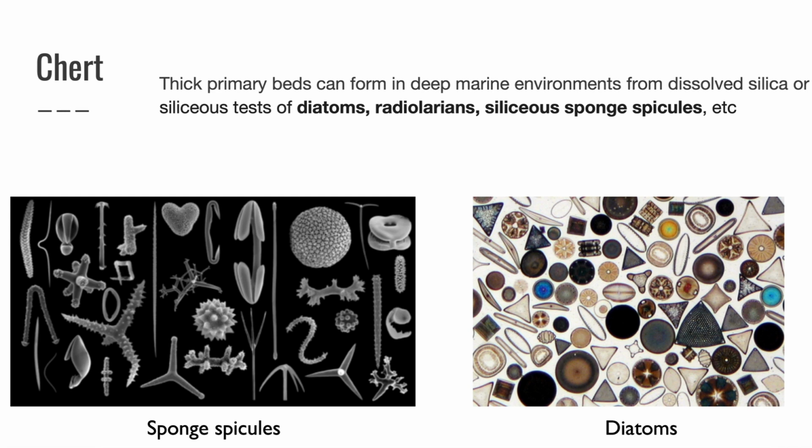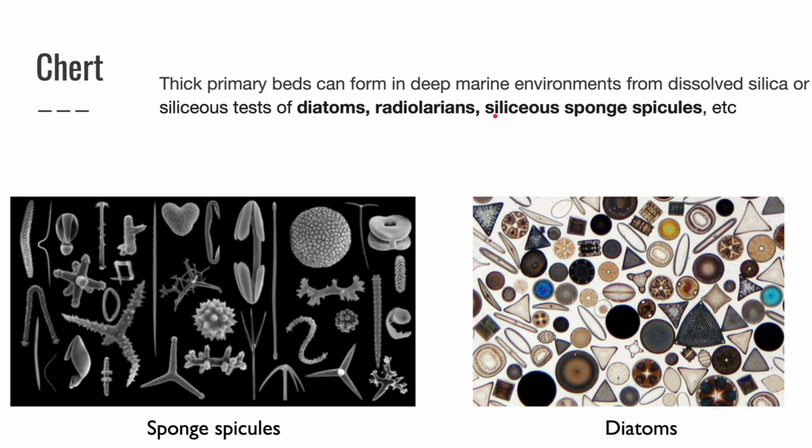So cherts typically form by compaction and recrystallization of silica-rich biogenic sediments that are made up of what are called silicate tests of single-celled organisms like diatoms and radiolaria, or remains of siliceous sponges, which you see over here. These are all microscopic images of these sponge spicules and diatoms.